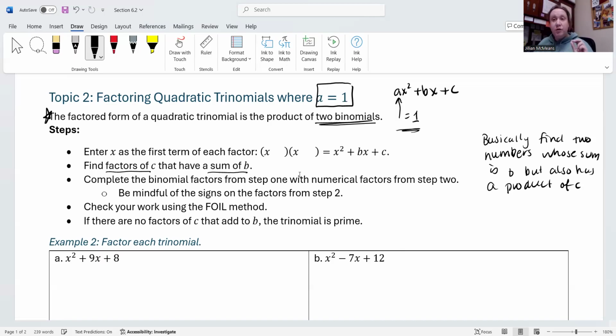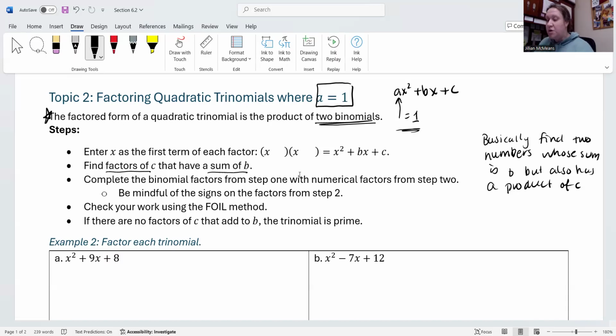Okay, so we're going to look for two numbers that when we multiply them, we get c, positive or negative, and then when you simultaneously add those numbers, you get b. So we're looking to make sure two things happen. We have to have a specific product and we have to have a specific sum, and signs are going to be an issue. So you do have to watch your signs very, very carefully.